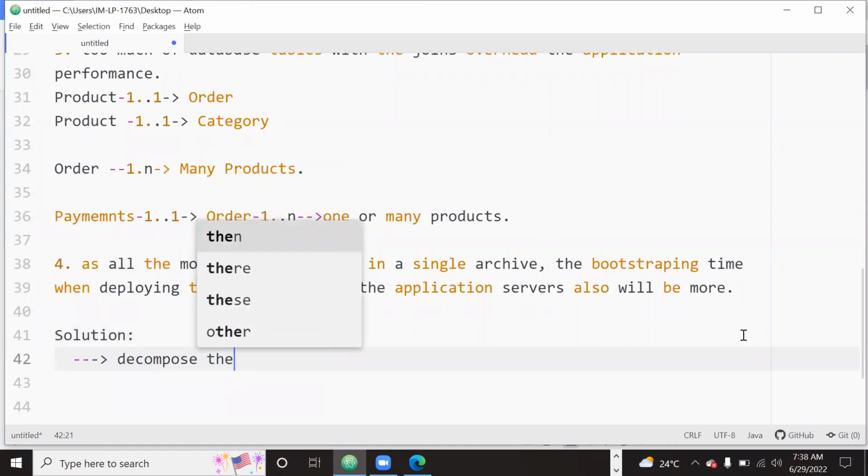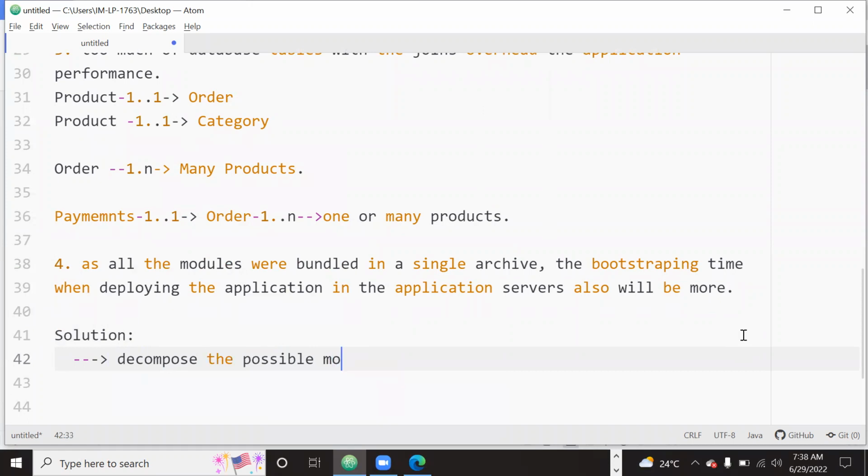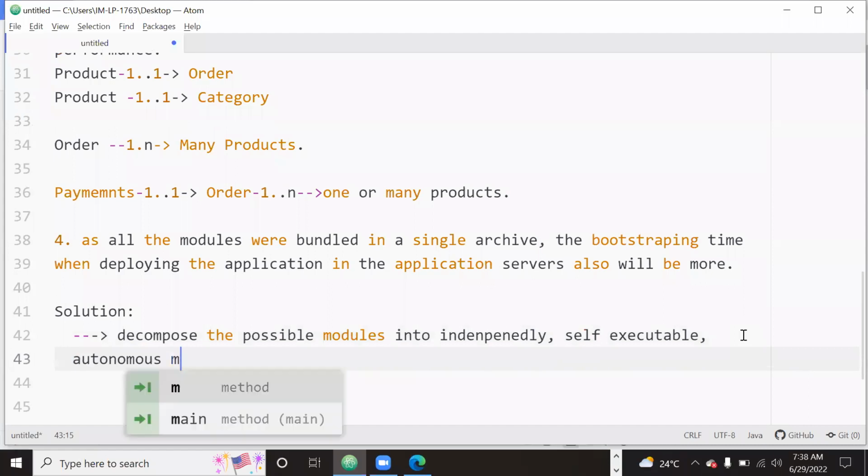Decompose the possible modules into independently self-executable autonomous microservices.